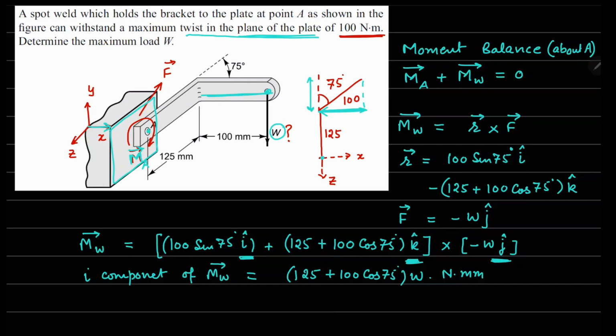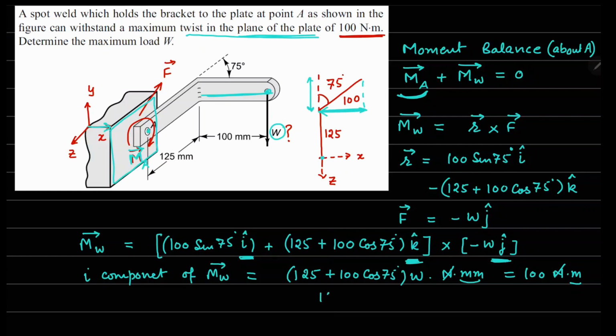Now this has to be equated with the maximum limit that's coming from MA. At the moment I am not considering the signs because we are talking in terms of the absolute values. So this has to be equated with 100 Newton meter. So Newton can cancel out, and this millimeter and meter will give us another 1000 on the right hand side.